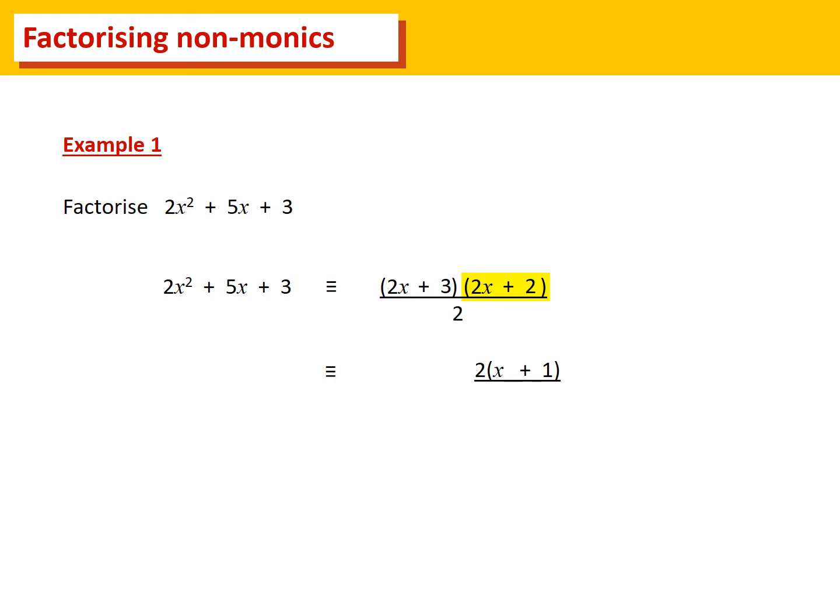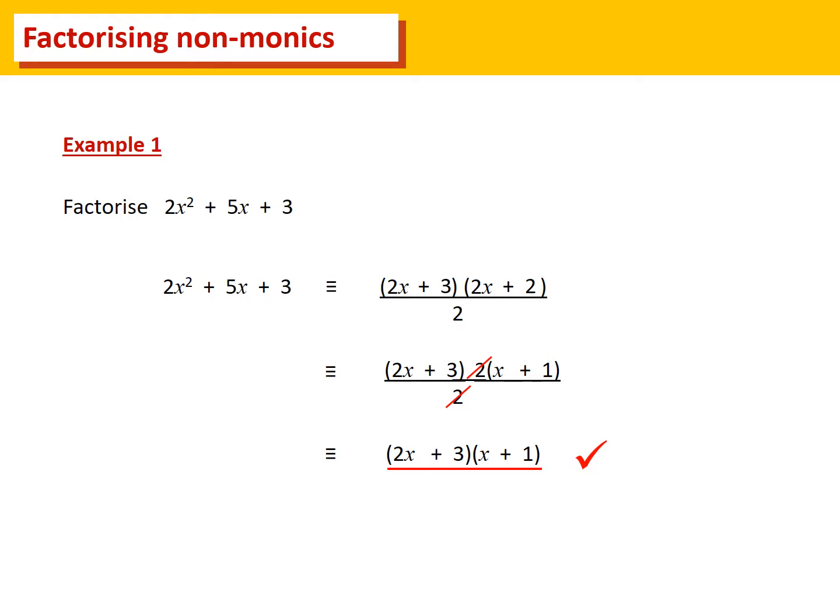Now we put the rest of the expression back in, the 2x plus 3 all over 2. And now in that fraction, those 2's cancel out. And when those 2's cancel out, that's what we're left with, and that's our final answer: 2x plus 3 times x plus 1.